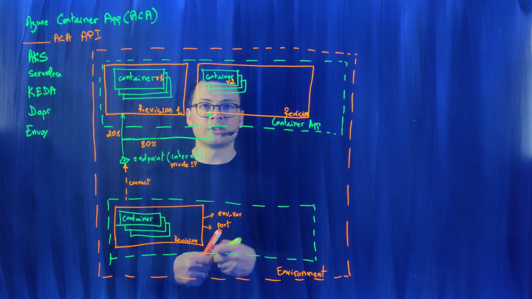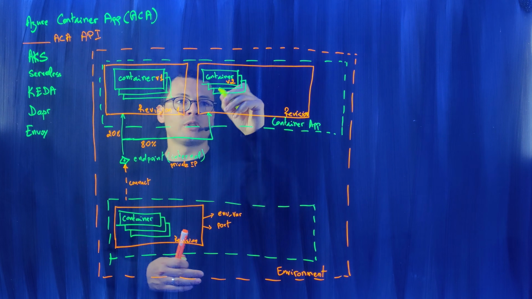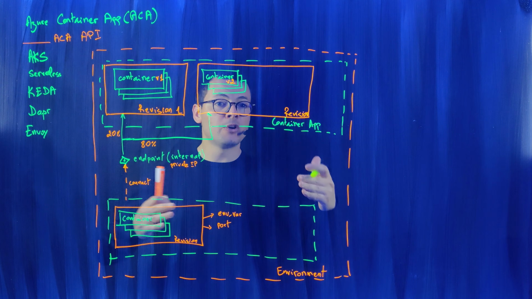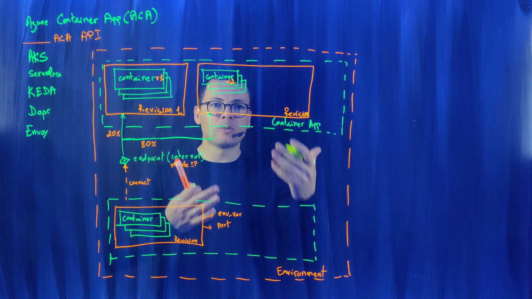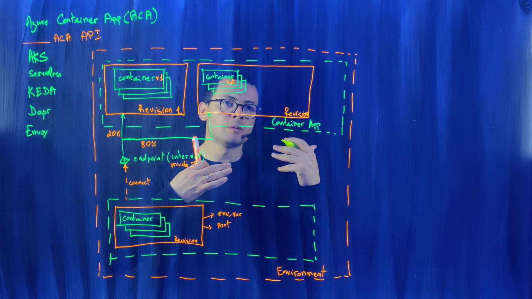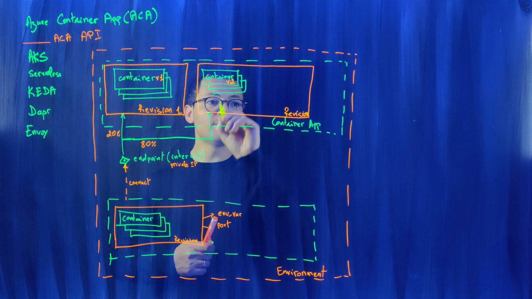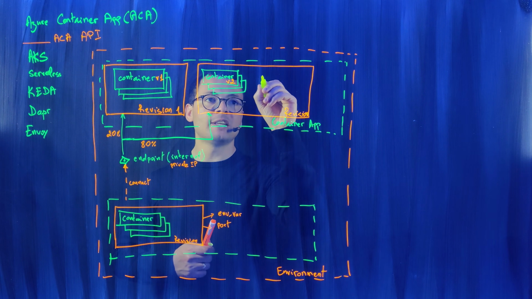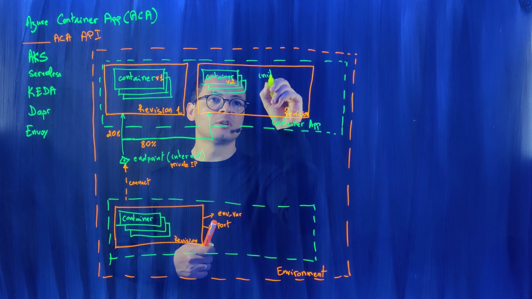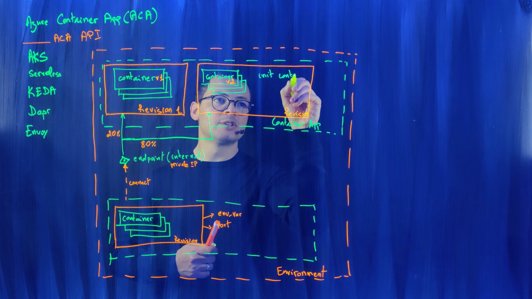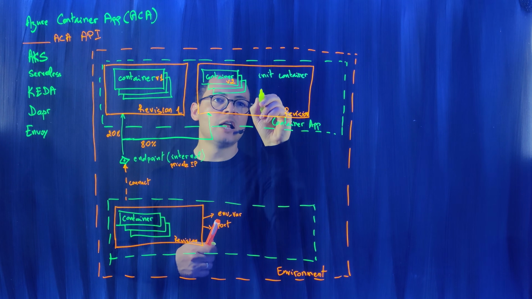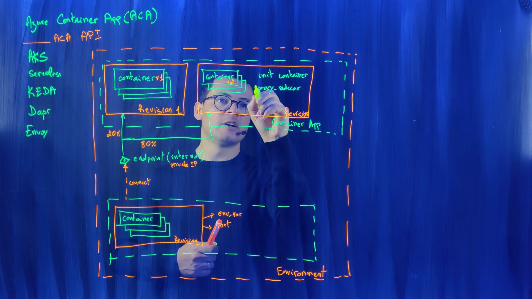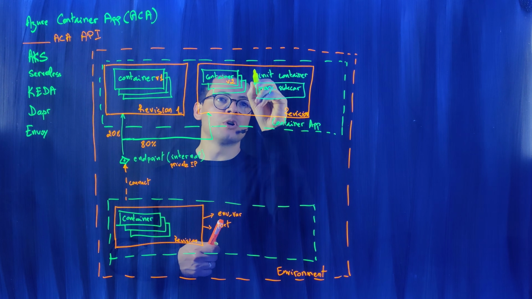In addition to that, within a revision, or within the pod as with the pod in Kubernetes, we can deploy not only the container, but also init containers and sidecars. We can do the same thing with container apps. So we might have some init container that will do some job before running the main container, and you might also have a proxy sidecar that can perform some network operations.